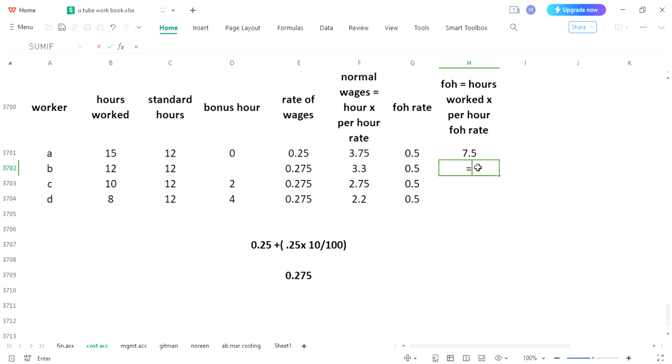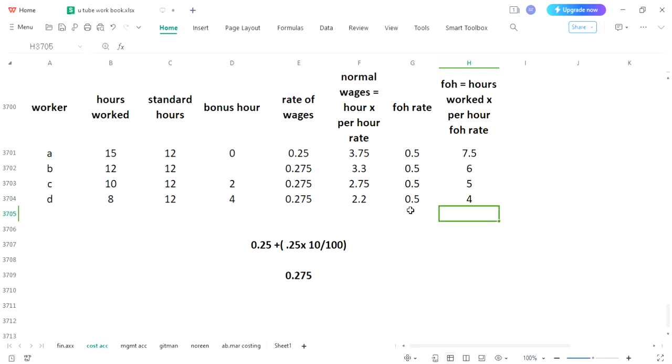Now let's calculate the second. 12 hours they have worked and 0.5. 12 hours worked, 0.5, and third worker 10 hours he had worked, rate is 0.5. And next you will be calculating for D worker, how many hours he had worked. Look at here, 8, and multiply by per hour FH rate, which is 0.5.